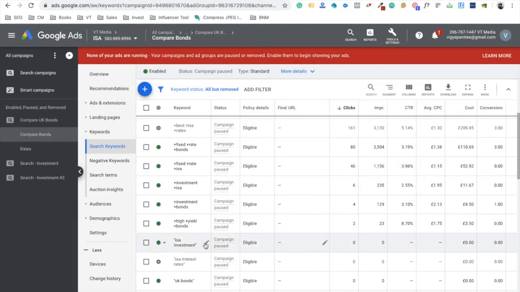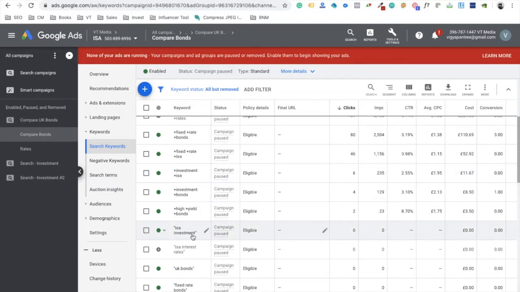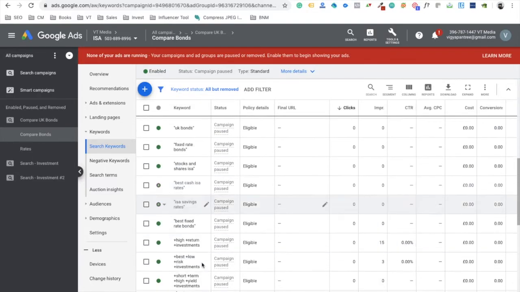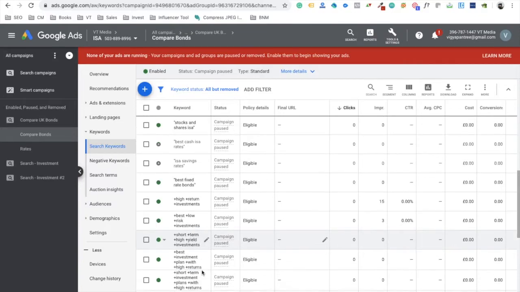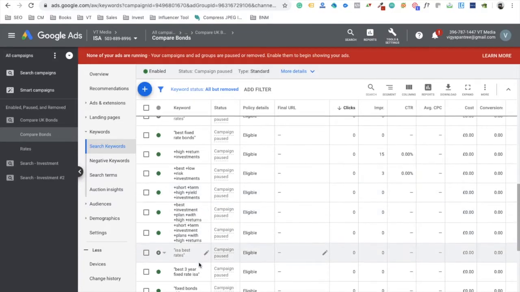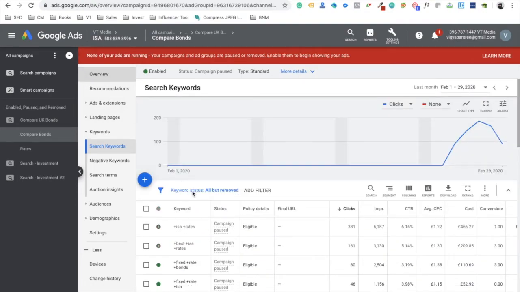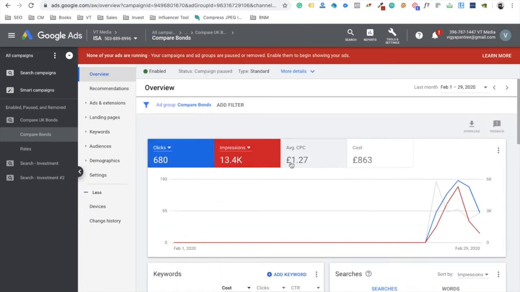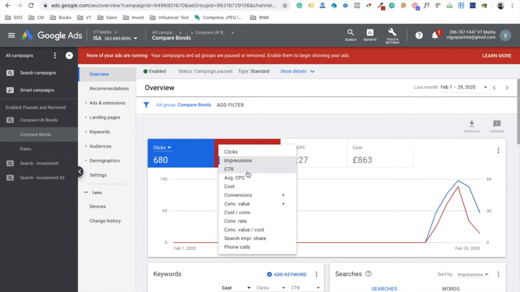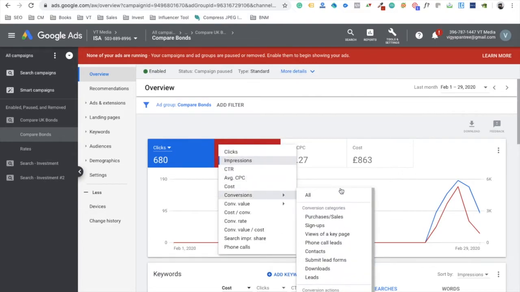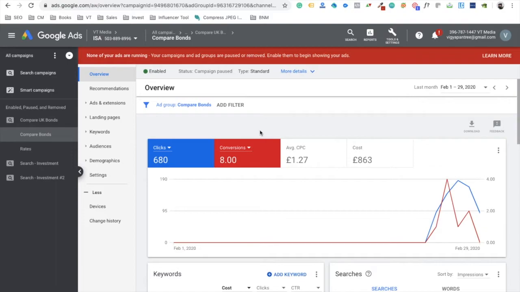I was basically using broad match modifier plus phrase match keywords in this ad group, like best investment plan with, and these were really relevant keywords which started giving me clicks. So I received 680 clicks, and these were the impressions, and the conversions that I received were 8. More or less it should be 9 or 10. There was some problem with the tracking as well, so I believe it should be somewhere between 9 or 10.